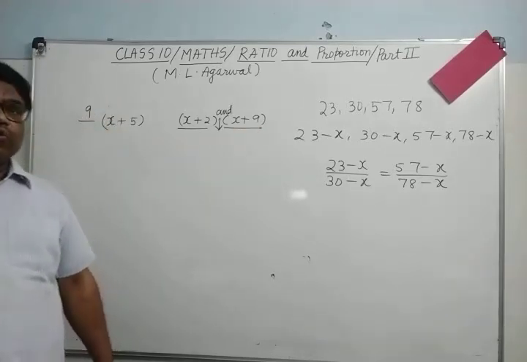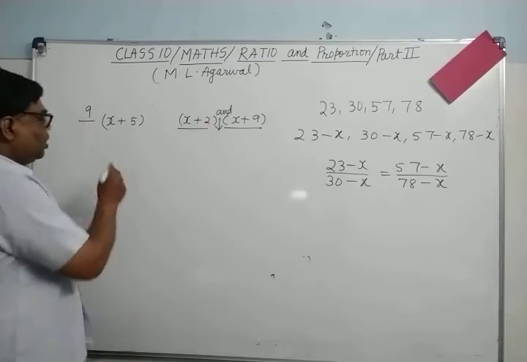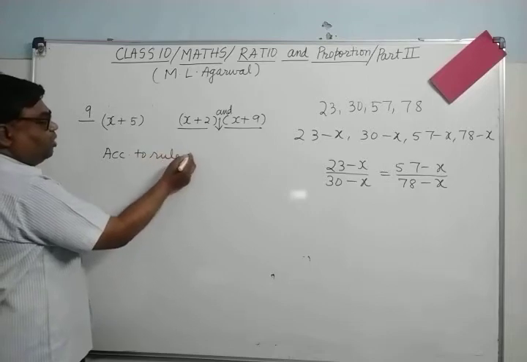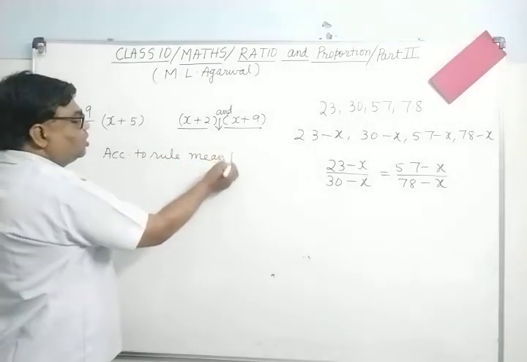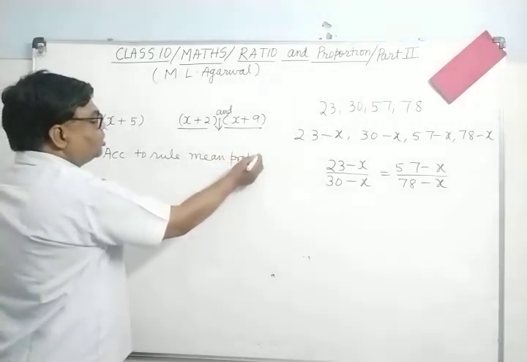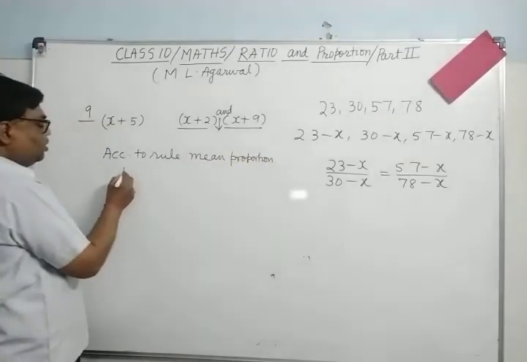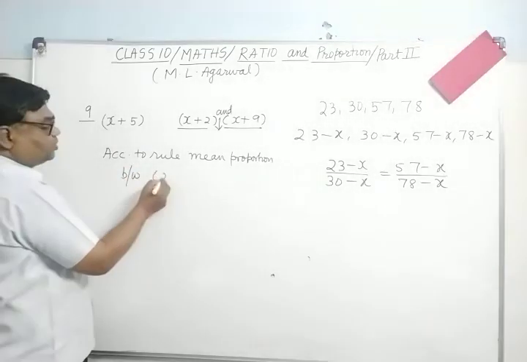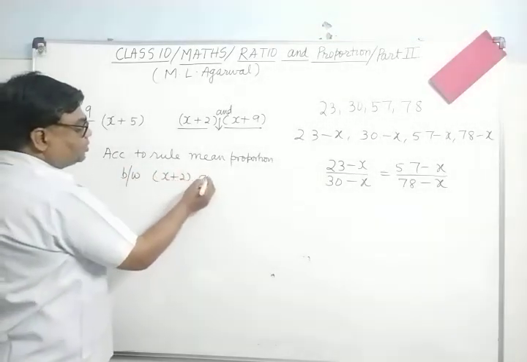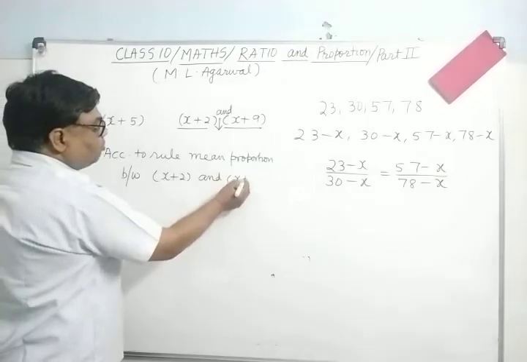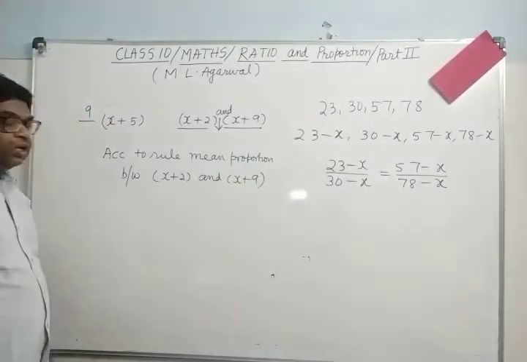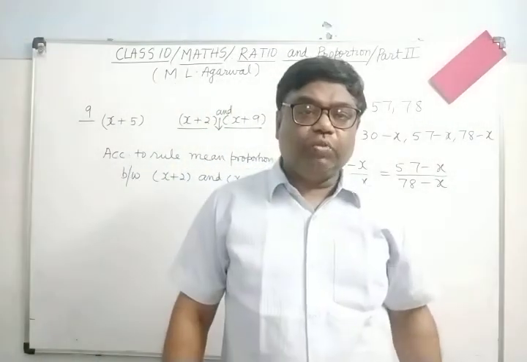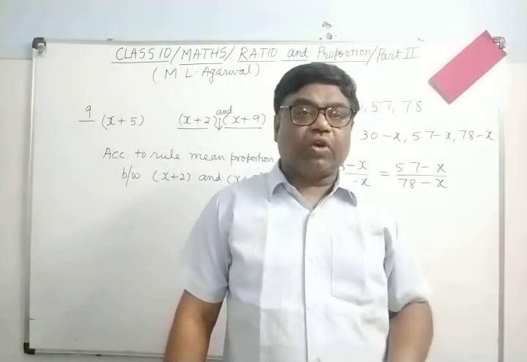Now according to the rule, what will be the mean proportion between x plus 2 and x plus 9? In the previous lecture I told you that to determine the mean proportion of two numbers, you multiply them and take the square root.